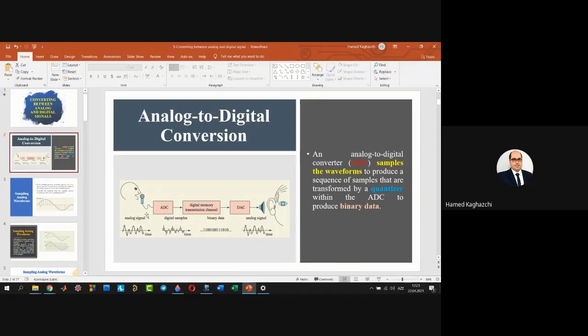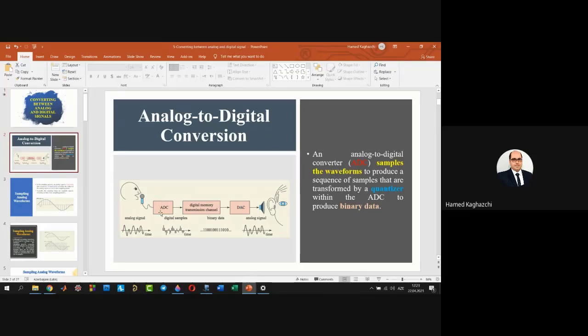For example, the outputs of sensors are analog signals. To use these analog signals in smartphones or digital systems, we need to convert them to digital. So after some processing, at the end, we need again to convert this digital signal to an analog signal.